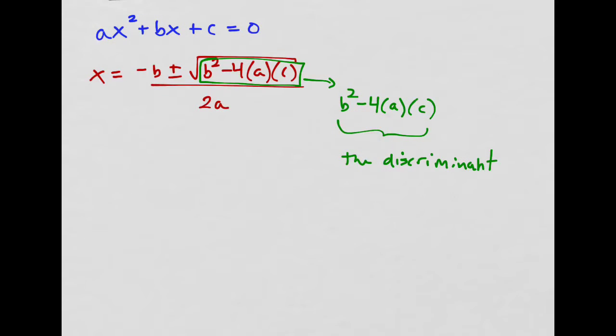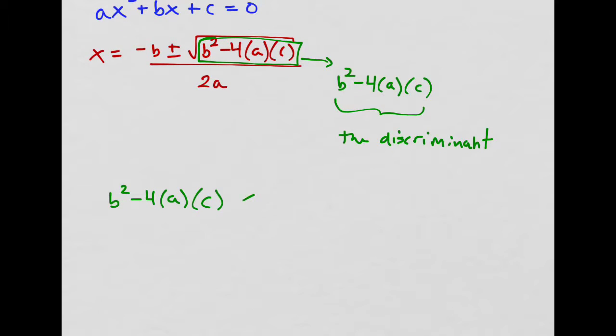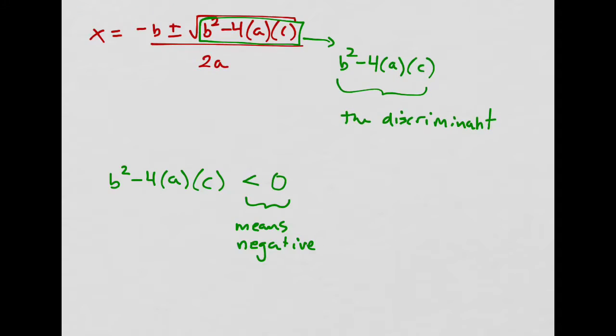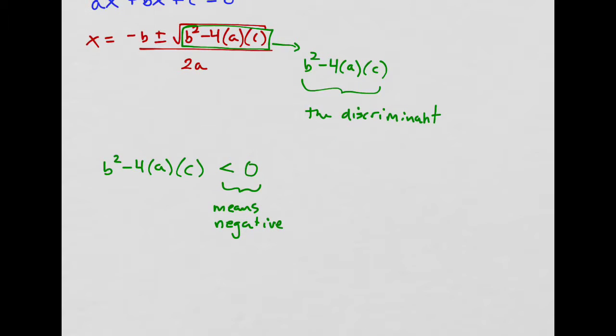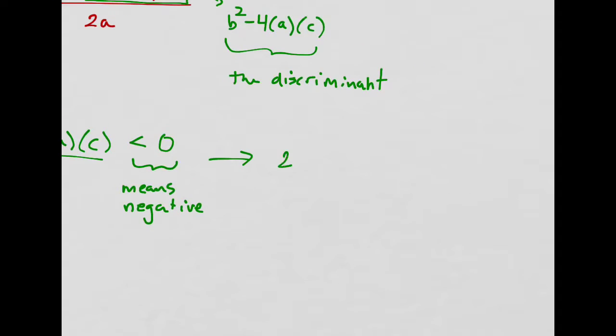Let's think about the first case. If you plug in your a, b, and c, and b squared minus 4ac is less than 0, meaning negative, then you have two imaginary solutions.